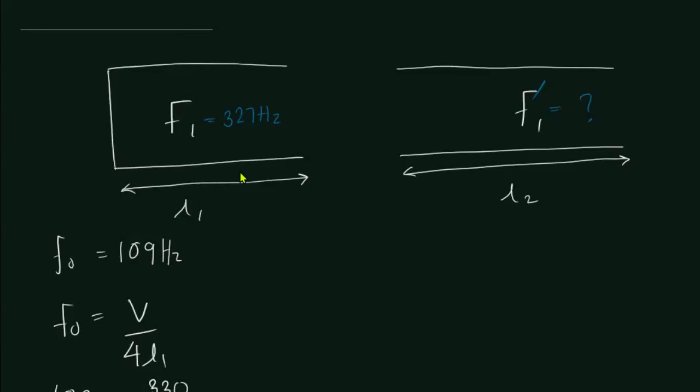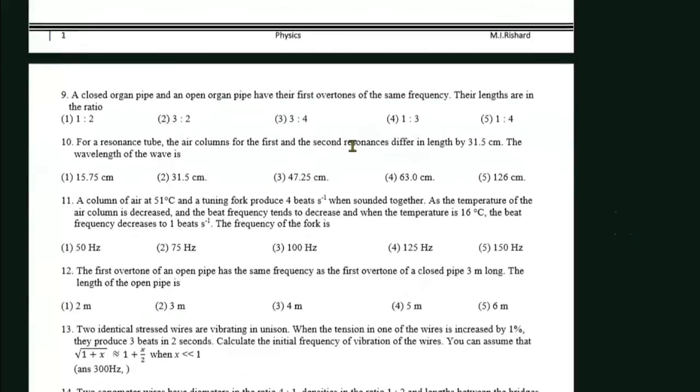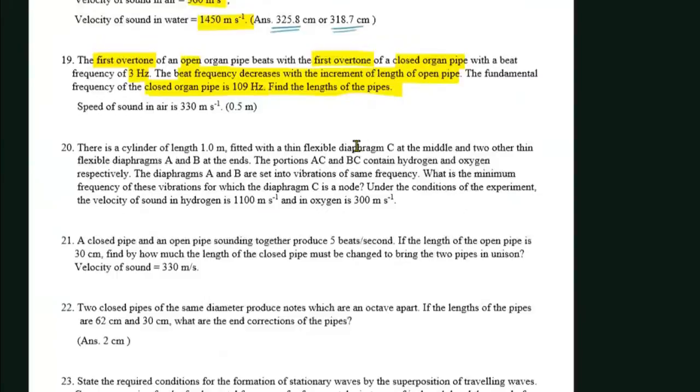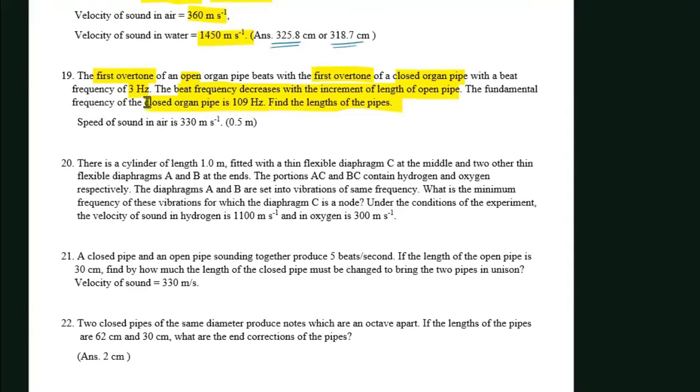Because f1 minus f1 dash is going to be 3 hertz, the beat frequency. But in order to identify that, they have given that the beat frequency decreases with the increment of the length of the open tube.